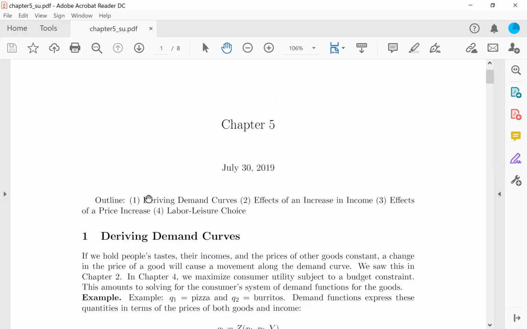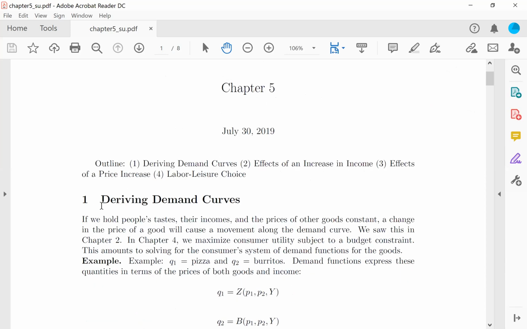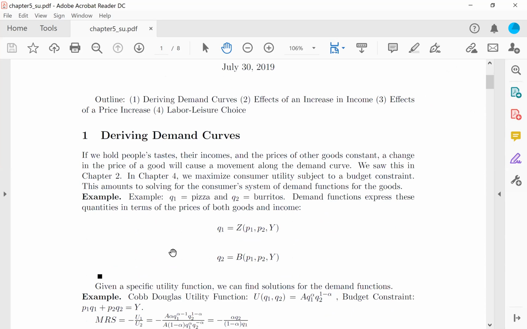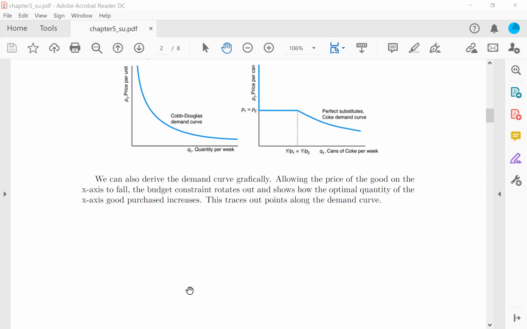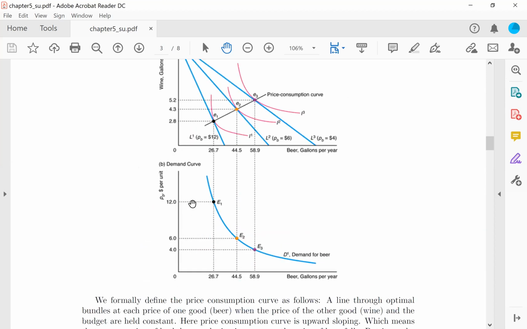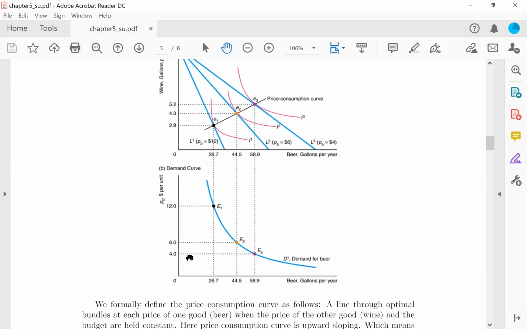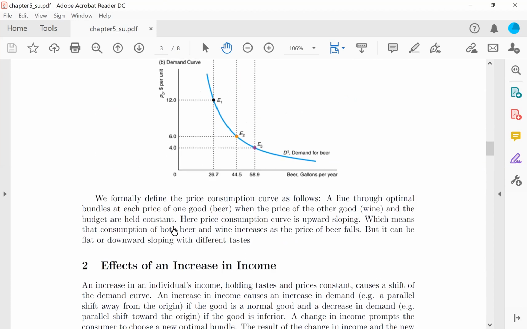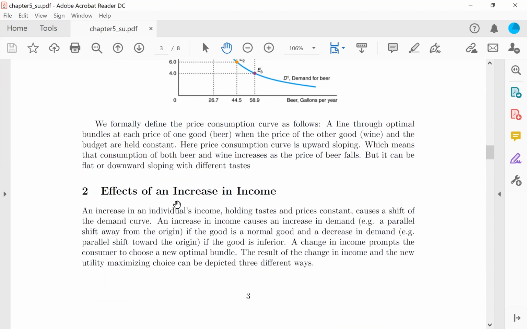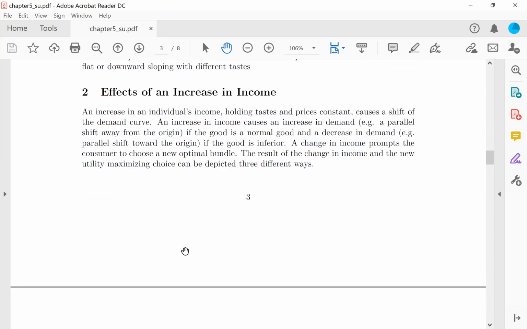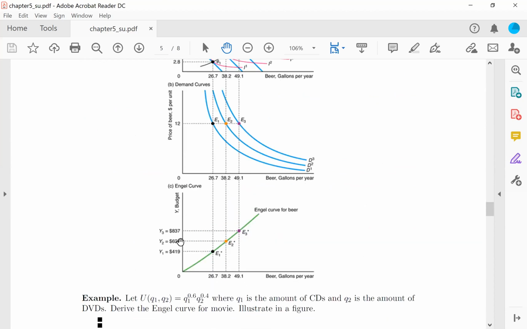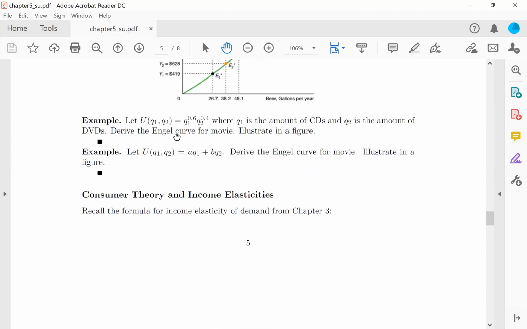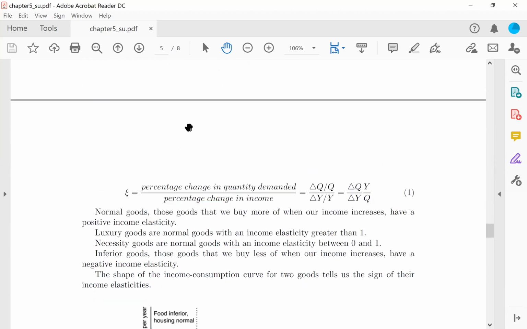Can you see this new screen? Yes. Okay, so you are responsible for deriving the demand curves. We have covered this. This is chapter 5. You are also responsible for price consumption curves and the other effects, effects of an increase in income, and elasticities.